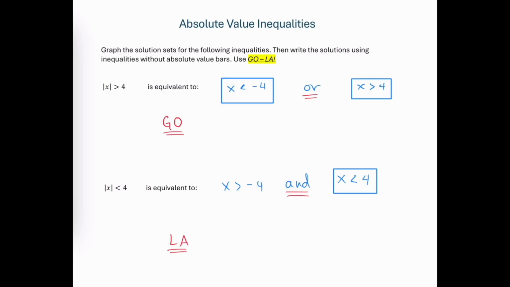The other inequality has the same variable side, the direction of the inequality is reversed, and the constant is negated. This is also true here. The other solution interval is described by an inequality that has the same variable side, the direction of the inequality is reversed, and the constant is negated. So we can use GoLA to help us come up with the solution intervals to absolute value inequalities.